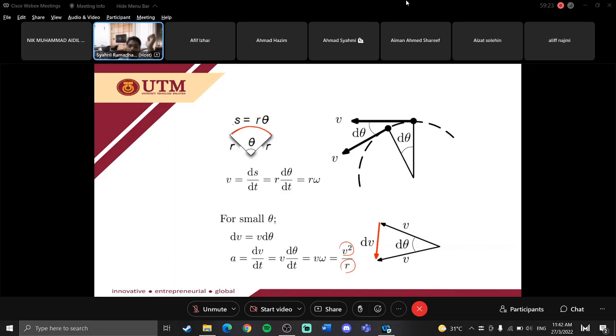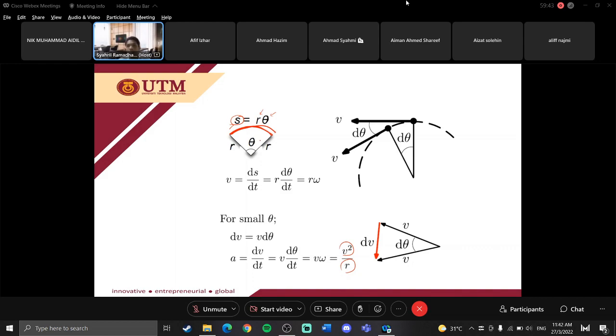S is the length of the arc, r is the radius, and theta is the angle between the radius. So s is equal to r theta, and s is the length or the distance of this arc.